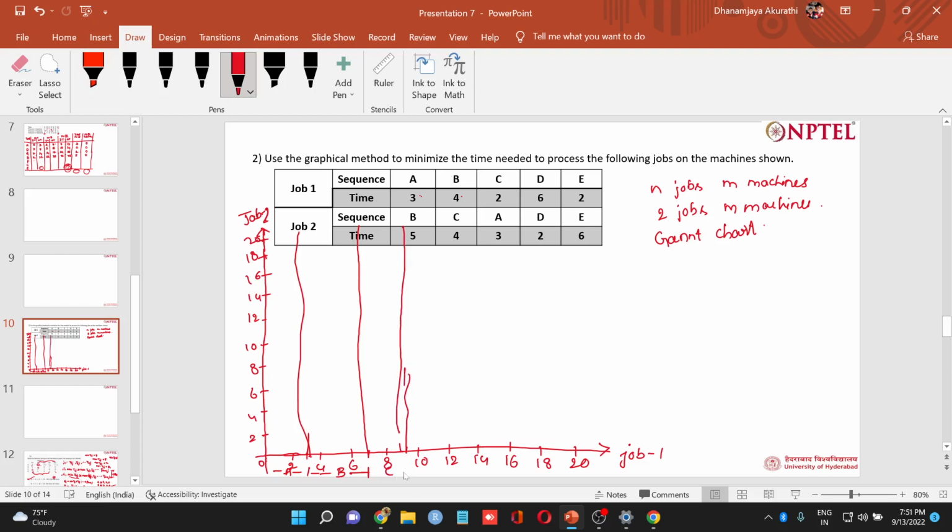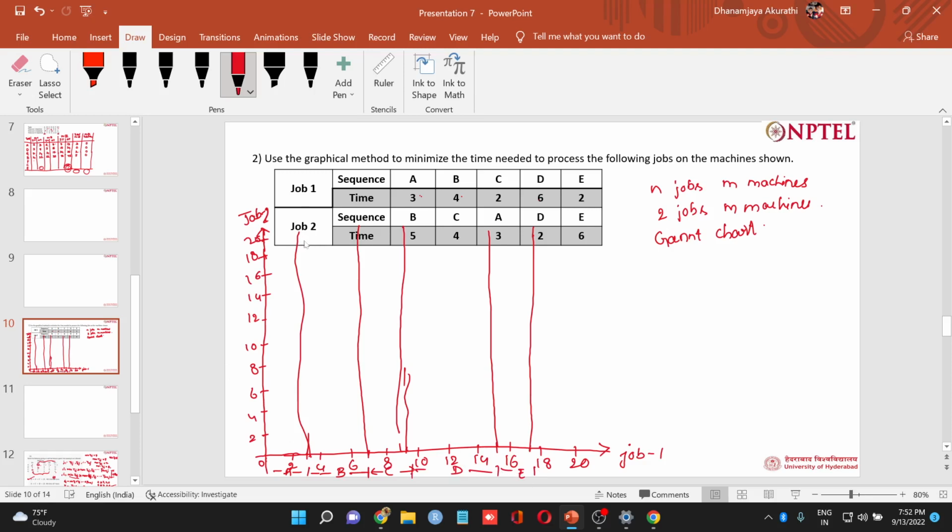So this is for machine C. Up to 9 hours, and then 9 plus 6, 15 hours is the out time of machine D, and 15 plus 2, 17 hours is the out time for machine E. So job 1 is completed on the last machine at 17 hours. In a similar way, here it is D, it is E from that time process.